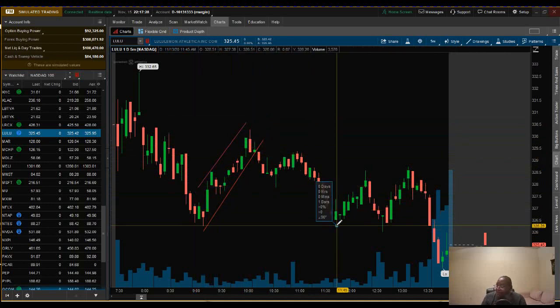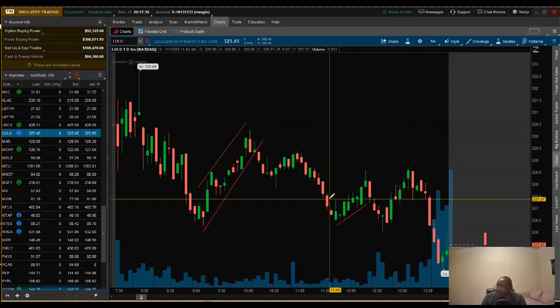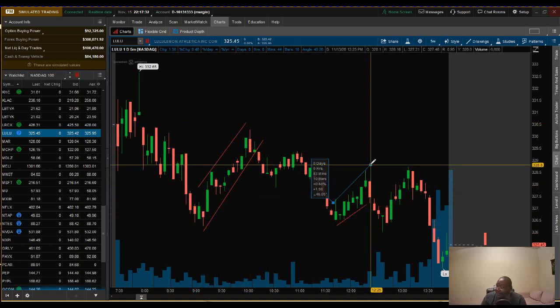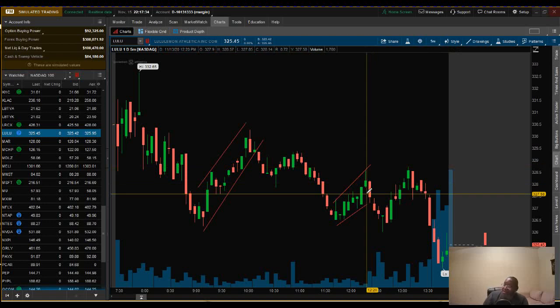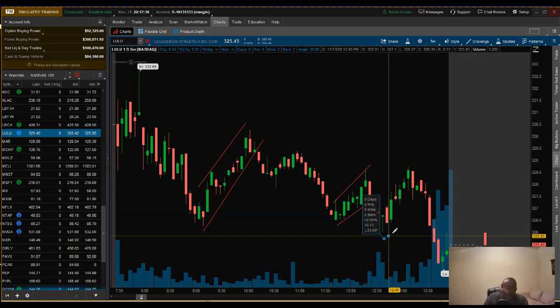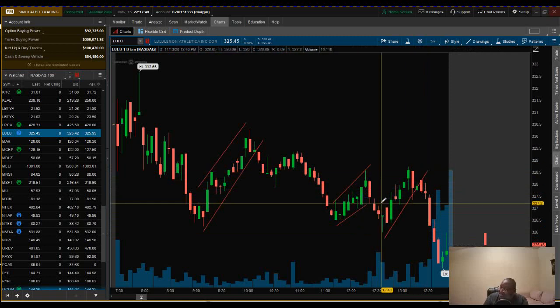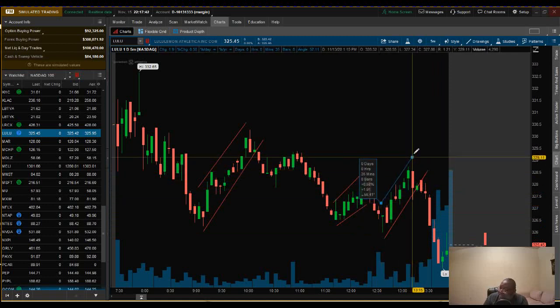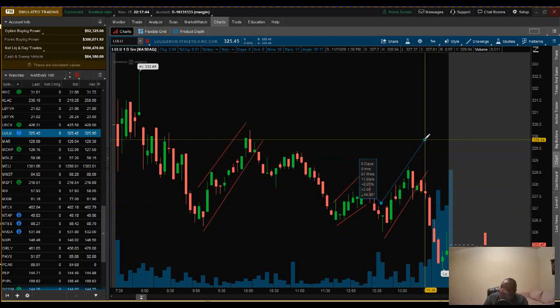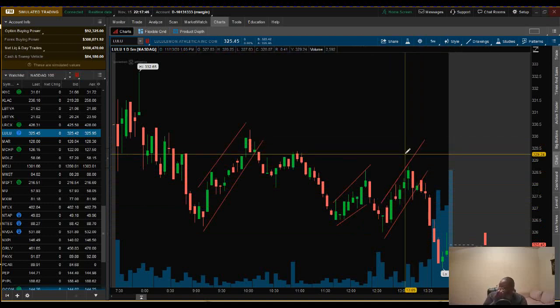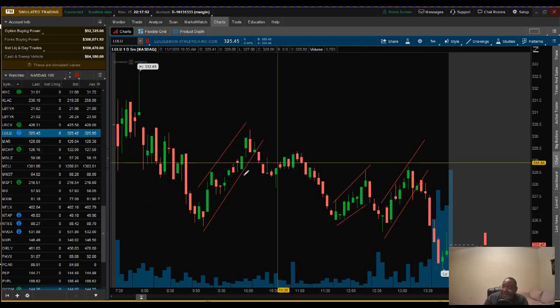So you can see here, usually with scalping, you don't even have to jump from stock to stock, because every day, every minute of the day, every stock, whether it's on an upward trend or a serious downward trend, is always going to have these.